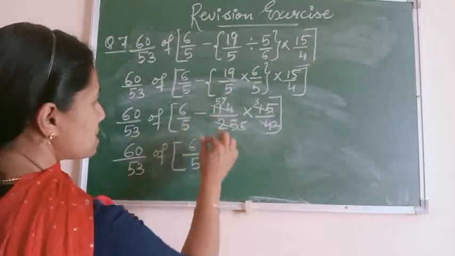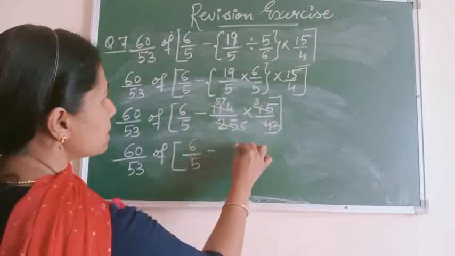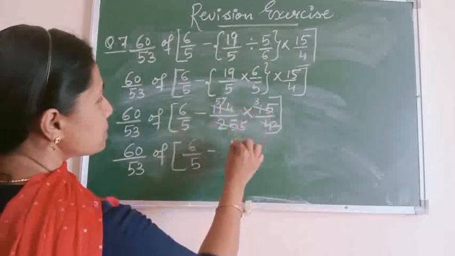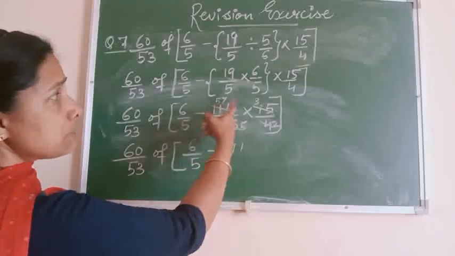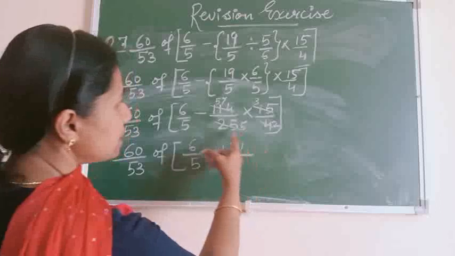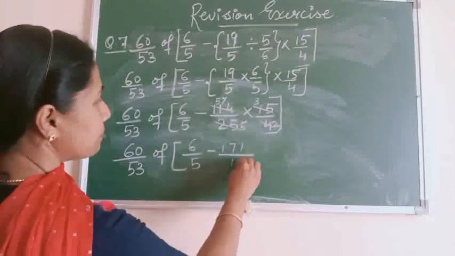Now the subtraction sign we put, we are multiplying this 57 into 3. 7 threes are 21, 2 remainder, 5 threes are 15 plus 2 is 17, 171. After multiplying 57 by 3, you got 171, and here in the denominator 5 is here and 2 is here. 5 into 2, 10.